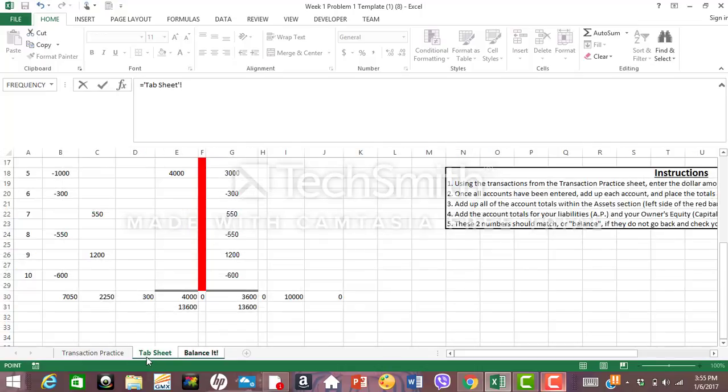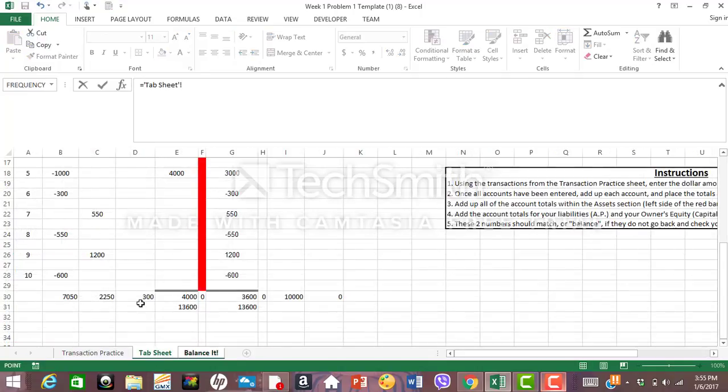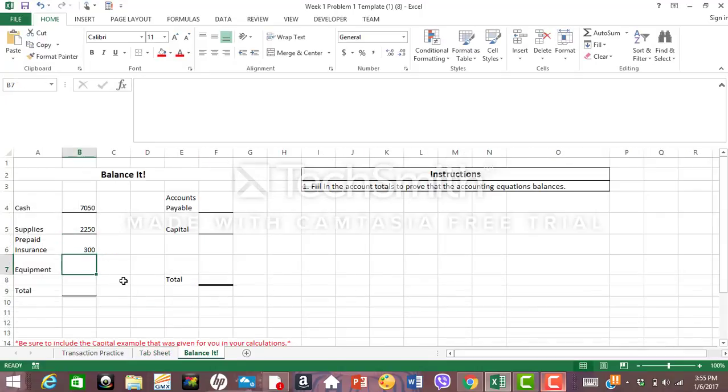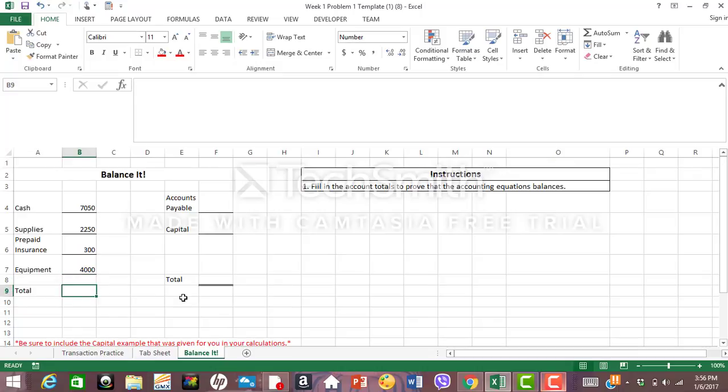So supplies equals 2,250, prepaid insurance 300, and then you have equipment, which is 4,000, and then you have the total, which is the sum of all of this, and it's 13,600. It's the exact same thing as in the tab sheet.